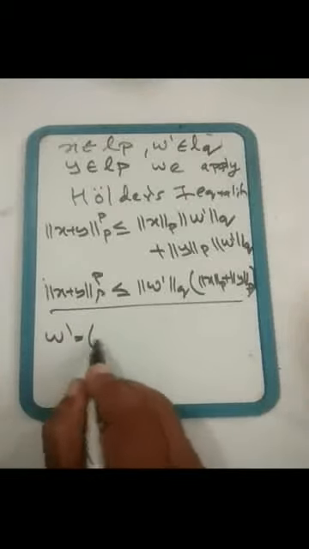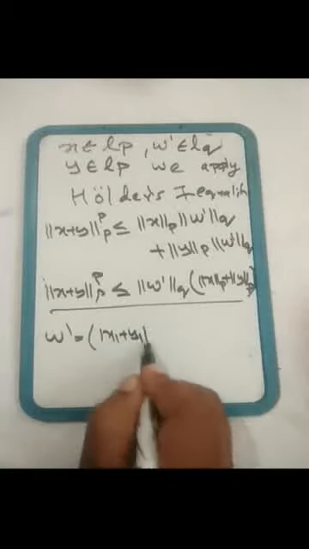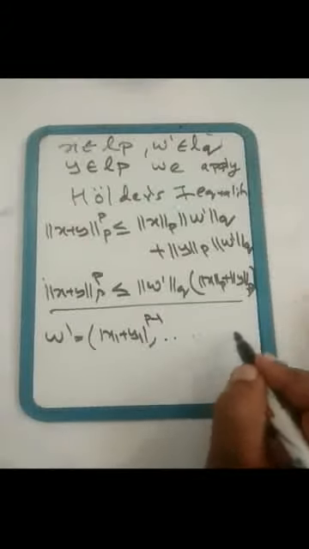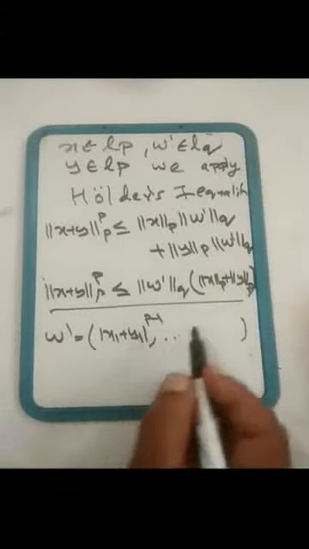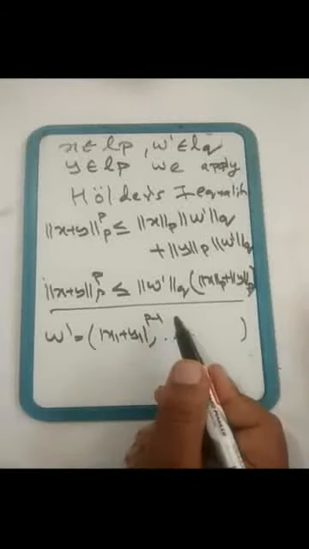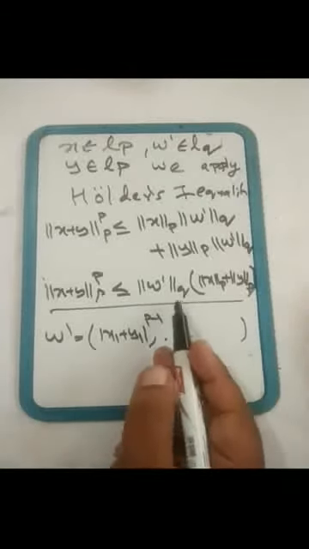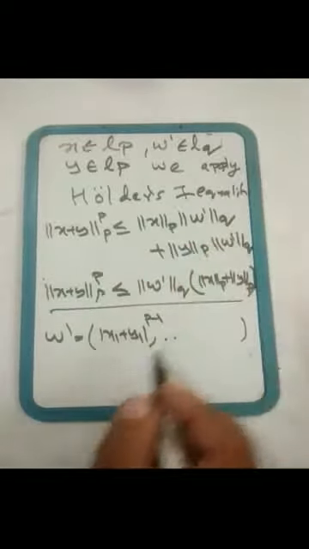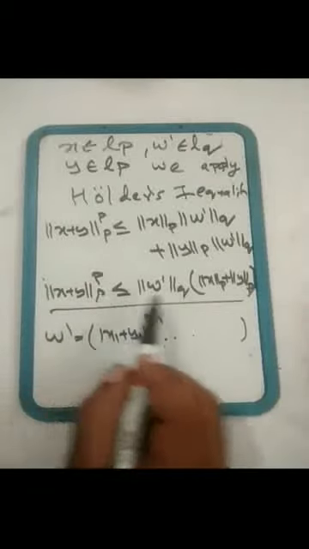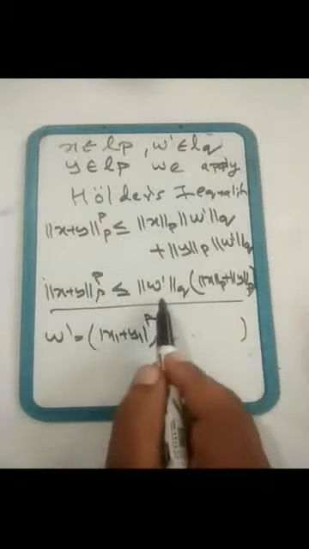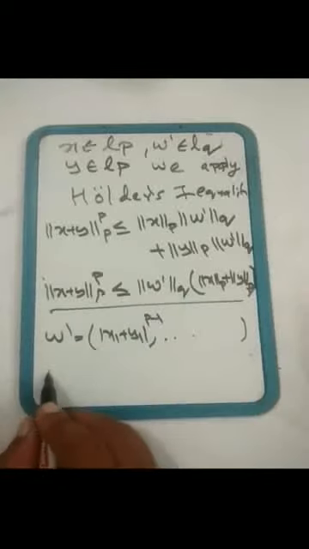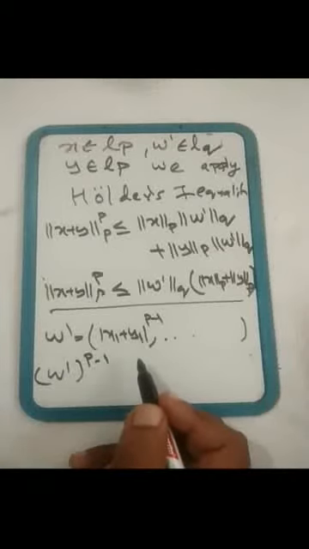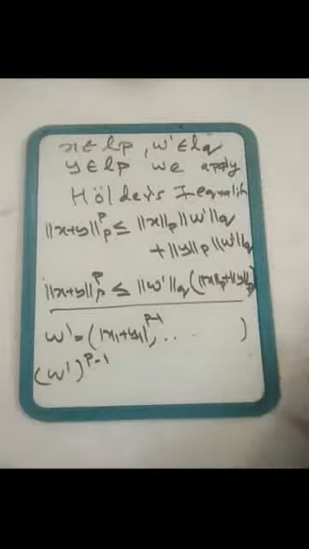So W dash is to the P minus 1 power and so on. So this is this term, its qth norm and so on. And the claim is that W dash is to P minus 1, not raised to P minus 1.